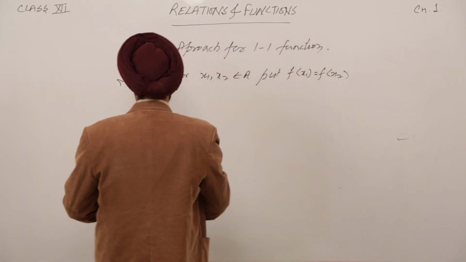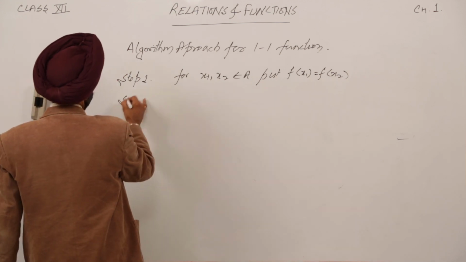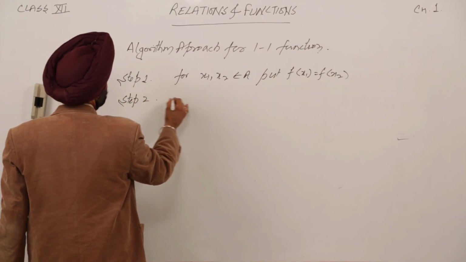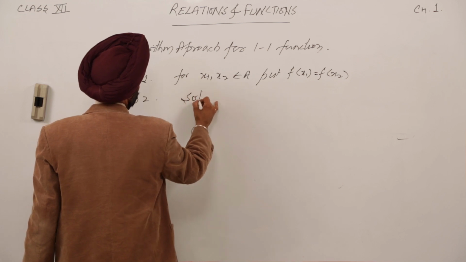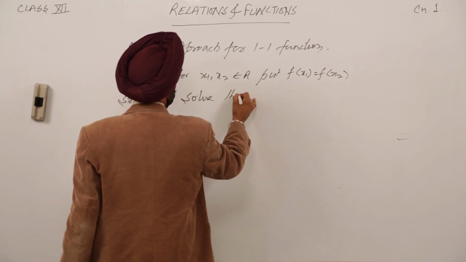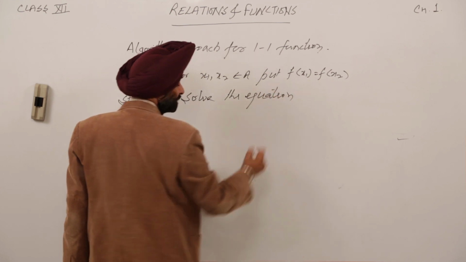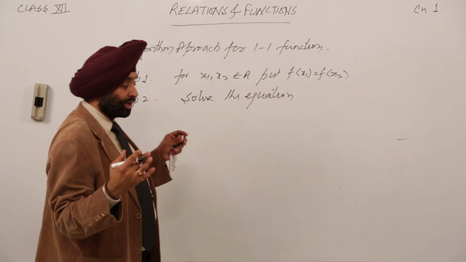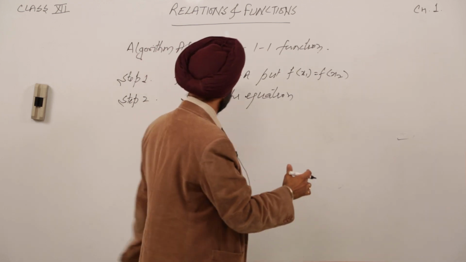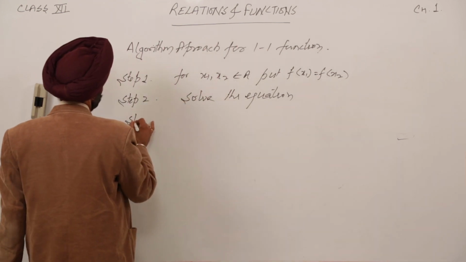Then step number 2: solve the equation. I am going to give you a few examples also, and with the help of the examples you can proceed with the steps.